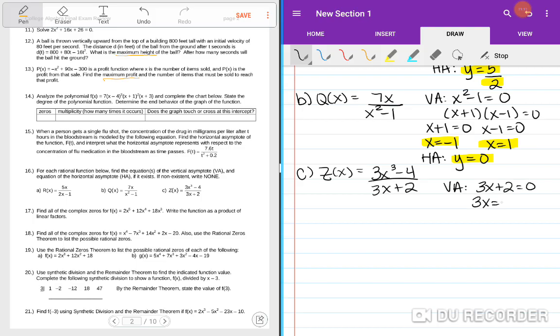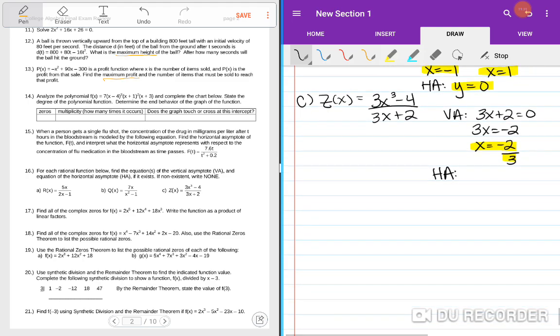When we solve, we get x equals -2/3. So there's your vertical asymptote. And then for the horizontal asymptote, we compare the degrees of the numerator and denominator. The degree of the numerator is bigger than the degree of the denominator, and if that's the case, then we say there is no horizontal asymptote. So none for this one.